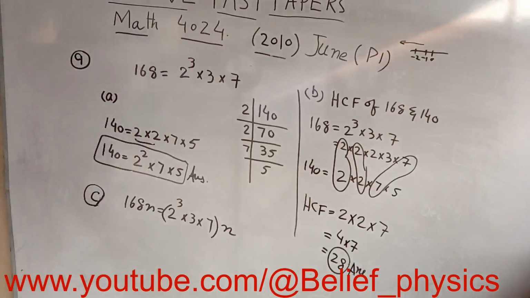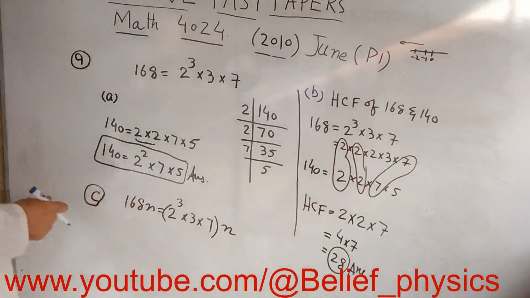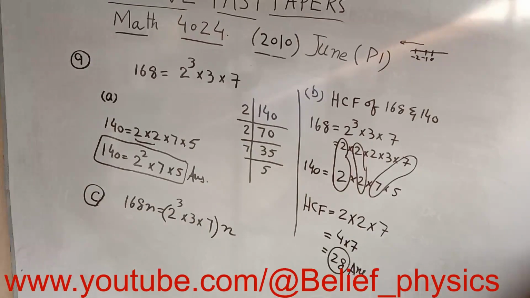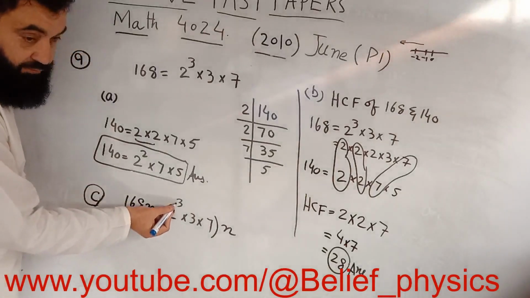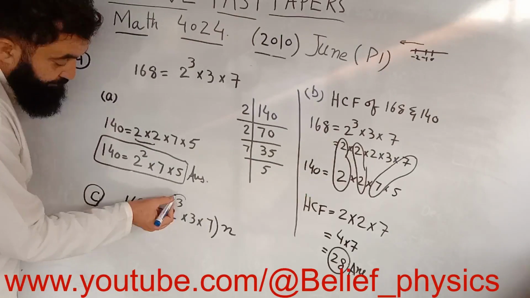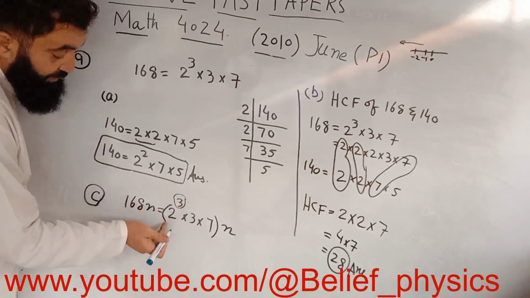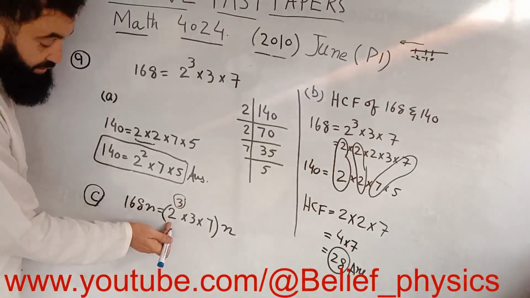To make it a square, all powers should be even at least. So the smallest number which will make it a square number will be obtained by making these powers even. In order to make it even, 4, we will need here power 4. Power 4 means we need to multiply it by 2, because when you multiply, powers are added.